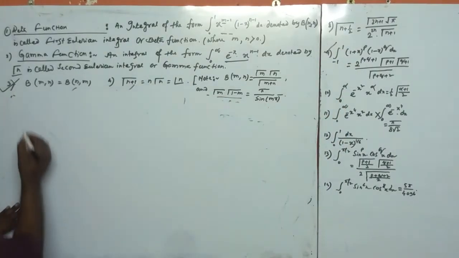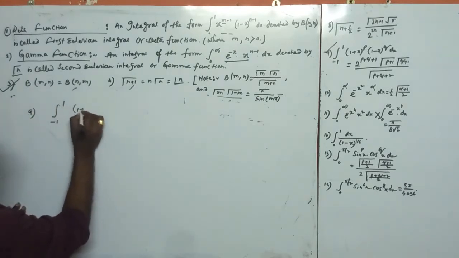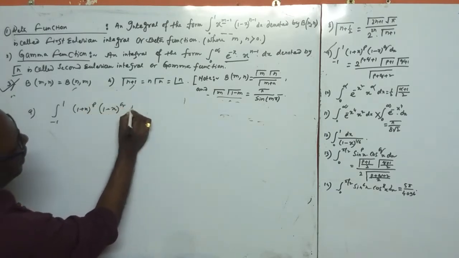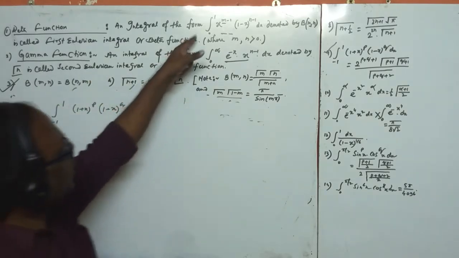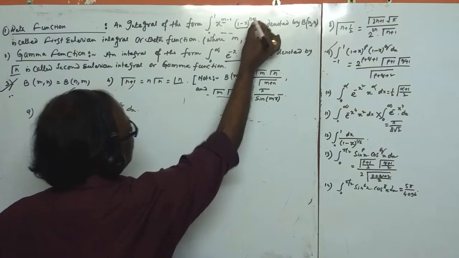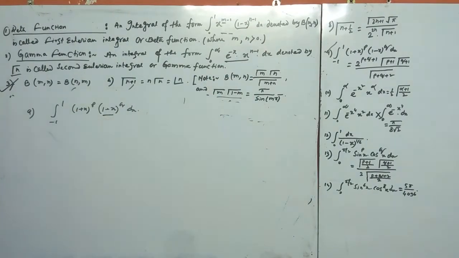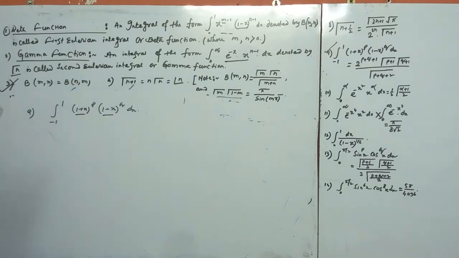This is the integral from minus 1 to plus 1 of 1 plus x whole to the power p and 1 minus x whole to the power q dx. From the gamma function, we have the integral from 0 to 1 of x to the power m minus 1 and 1 minus x to the power n minus 1. Here this is 1 minus x to the power q dx, but here is 1 plus x, whereas there is x there.